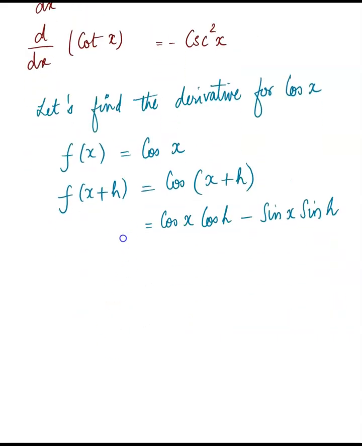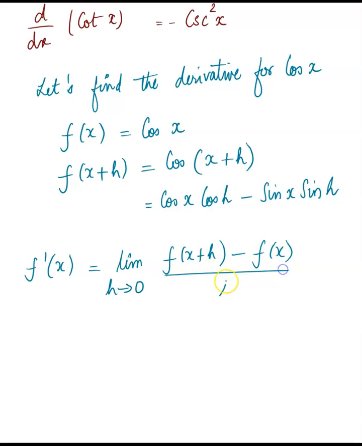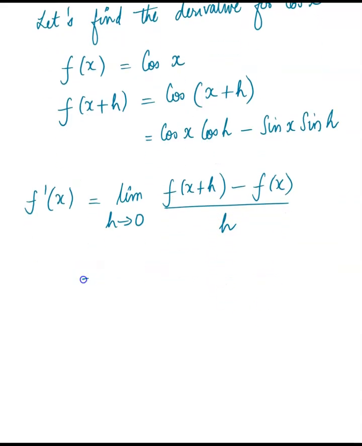Okay. And we are trying to find the derivative of cosine x. So the derivative of cosine x will be f prime, because f is cosine x, so f prime of x is the limit as h approaches 0 of f of x plus h minus f of x all over h. Right? That's the traditional definition for the derivative.